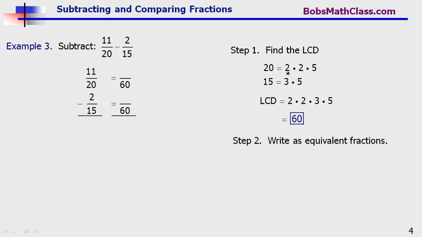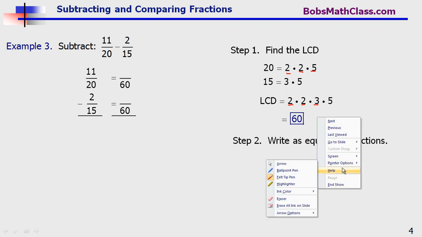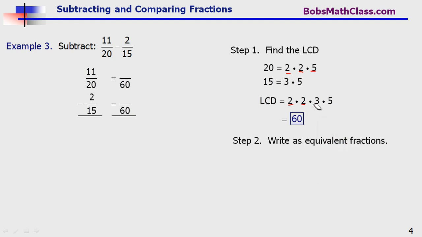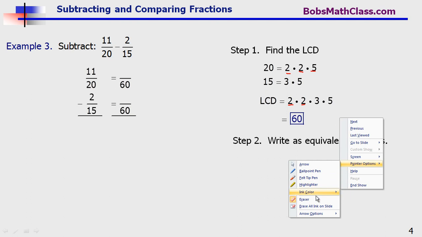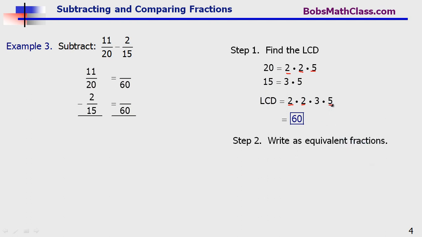See that? 20 is 2, 2, and a 5. So if you underline the 2, 2, and a 5, what's left? 3.